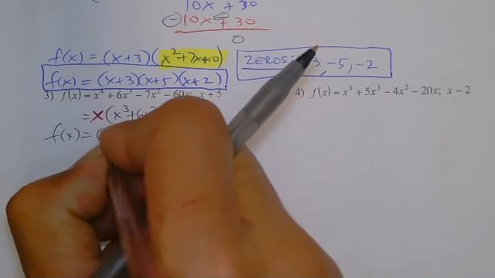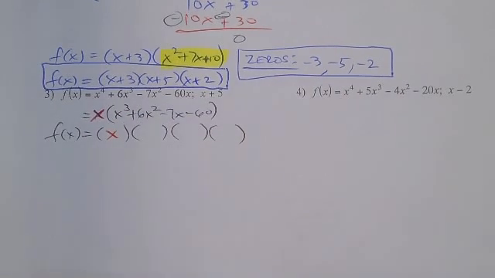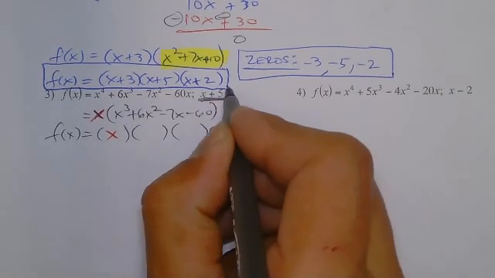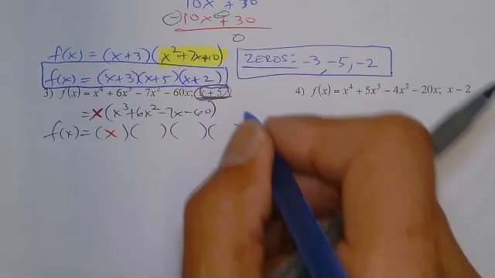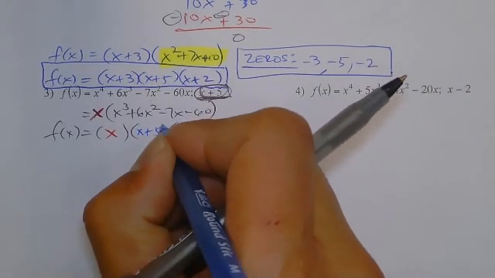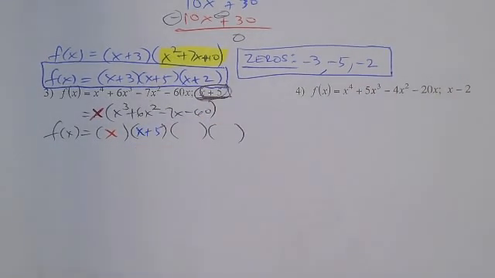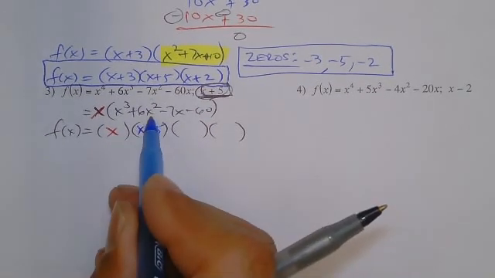So one of these 4 parentheses I already know is x. When it's just the x, you don't have to write the parentheses. And then don't they give you another one? What's the other one that we're going to divide right now? X plus 5.